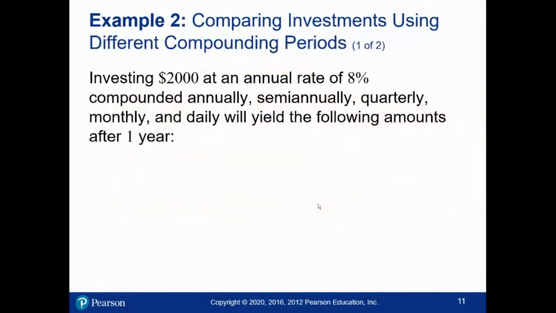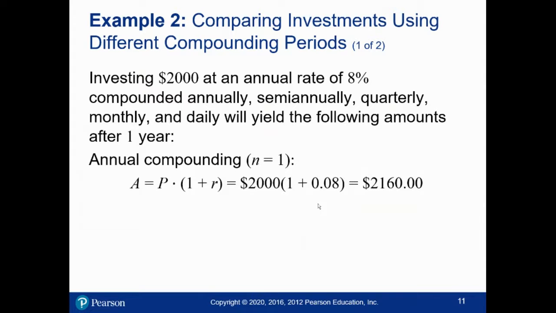So for example, you have $2,000 at an annual rate of 8%. Maybe you compound it annually, semi-annually, so twice a year, quarterly, 4 times a year, monthly, 12 times a year, or daily, 365 times a year. So with annual compounding, you just have n equals 1, so r over n is just r, to the 1.